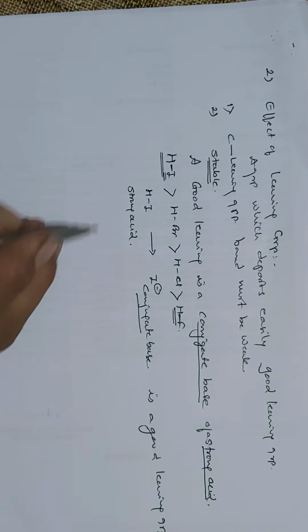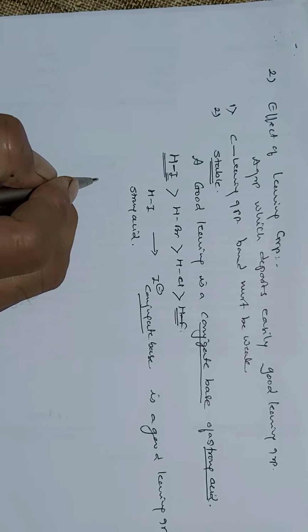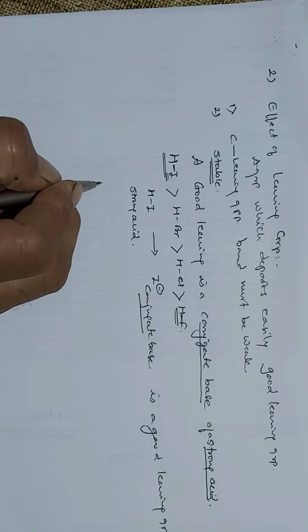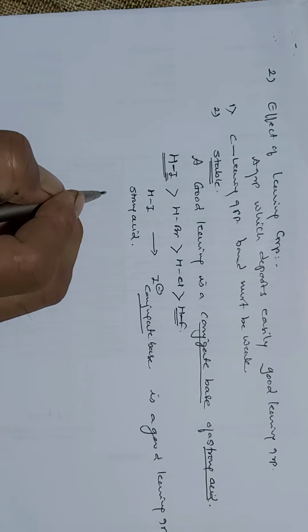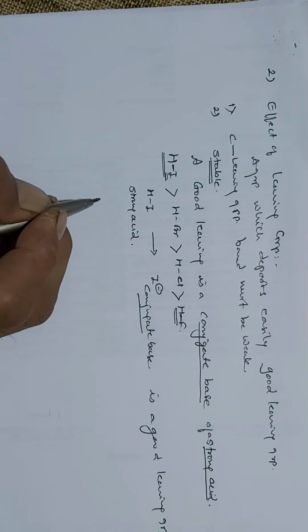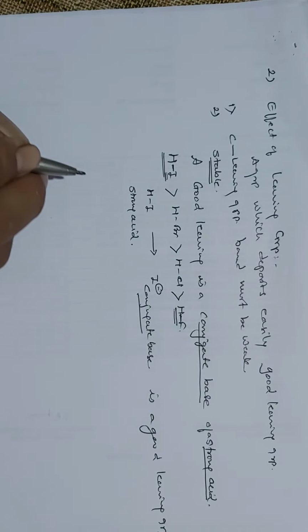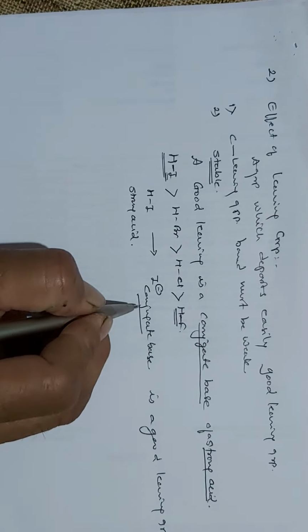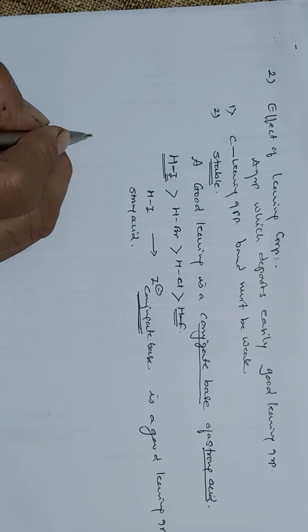Here hydrogen fluoride is the weak acid, so its conjugate base F minus is a strong base. That's why I minus is considered a good leaving group, as it is the conjugate base of a strong acid.